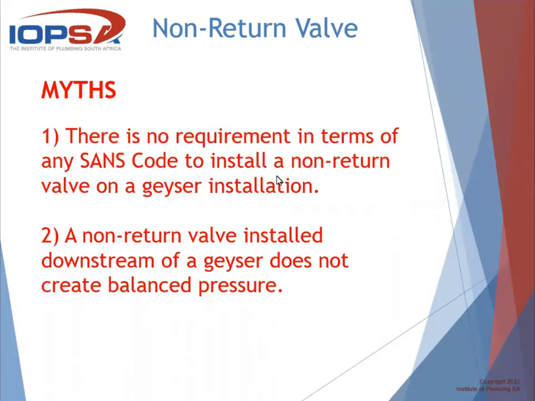So one of the things that I've come across twice in the last 2 months, maybe 10 weeks, is where in a domestic setup there is a pumped circulation loop for the hot water supply.